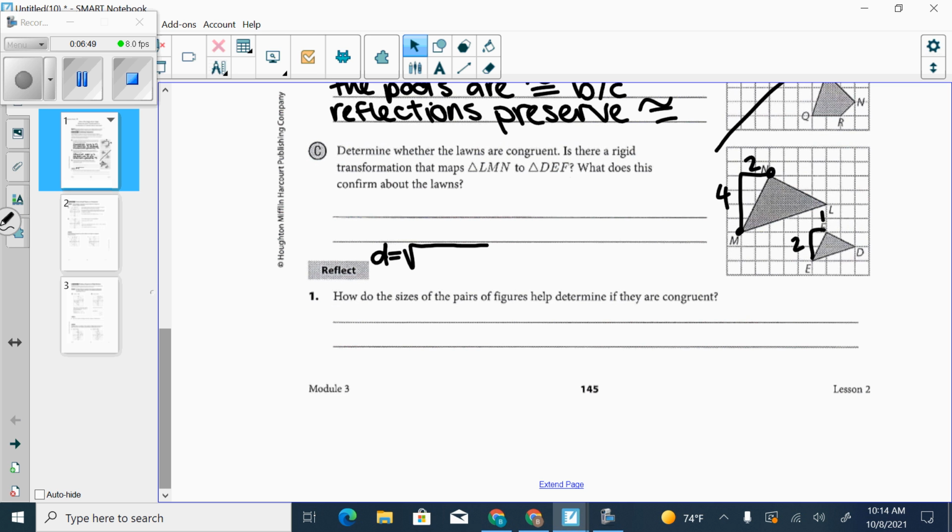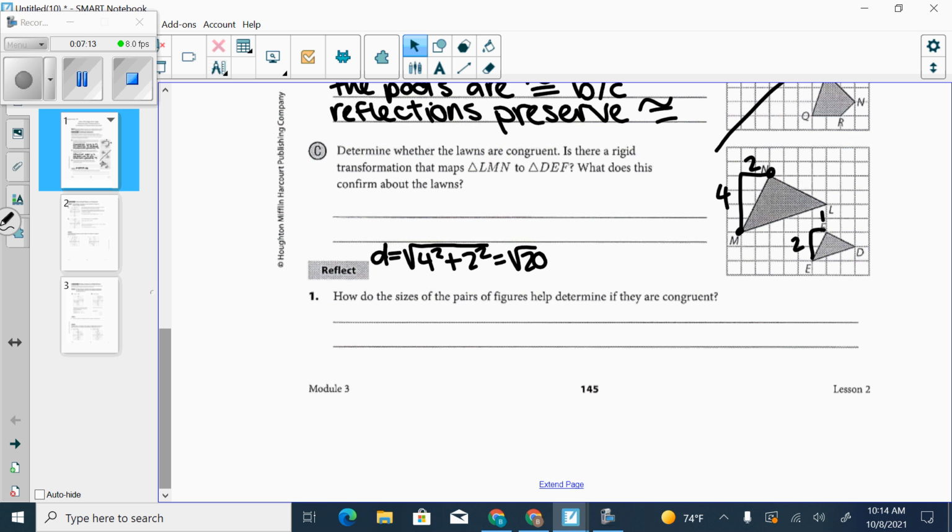2 and 1. Okay, so we should be able to use the 4 and 2 as like our x and our y. So we're going to use 4 squared plus 2 squared over here. Well, what is 4 squared? 16. What's 2 squared? What is 16 plus 4? 20.